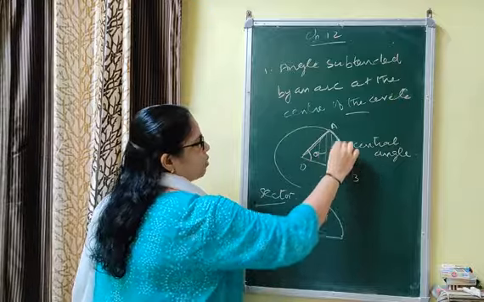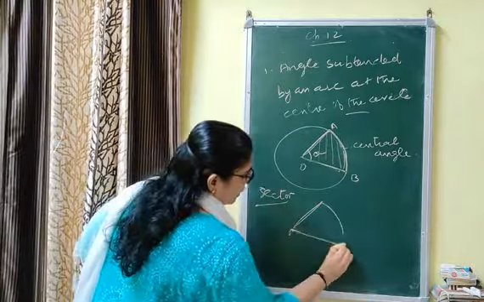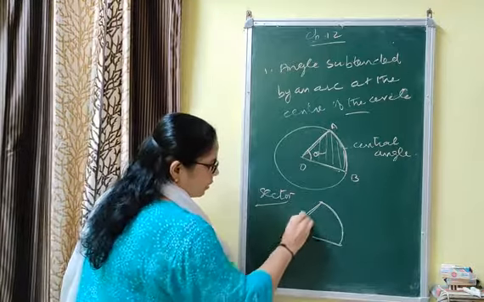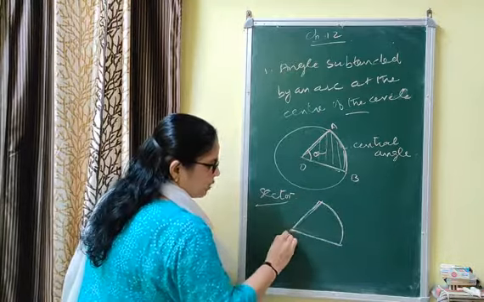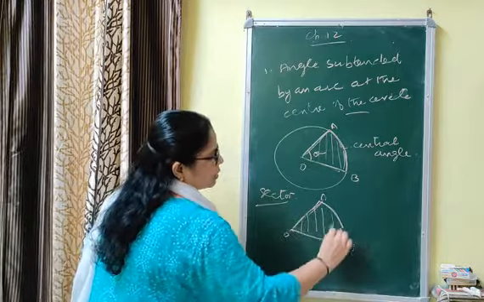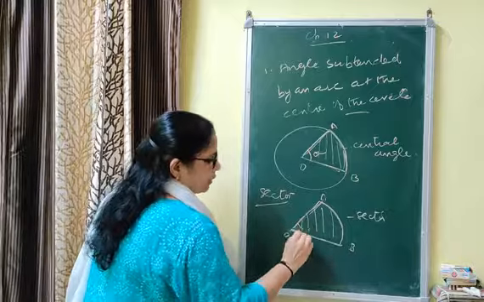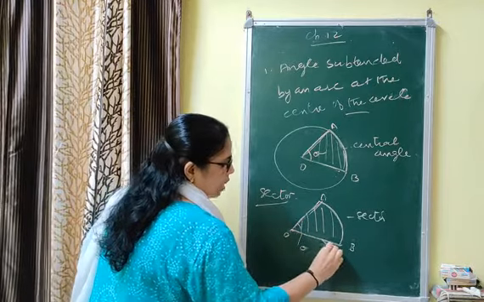This region is called the sector. This is the arc and these two are the radii joining the endpoints of the arc. This angle is denoted by the letter theta and the radius as r.